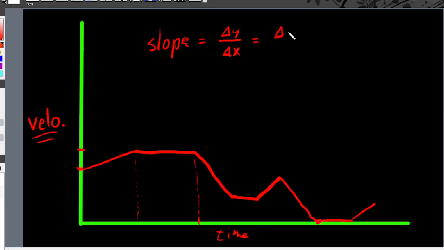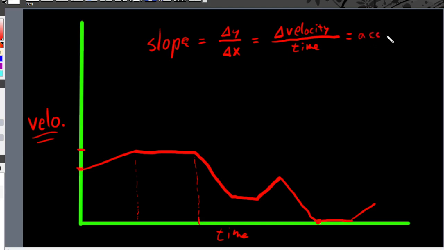So it's our change in velocity divided by our change in time, or just the elapsed time. And what do we get if we divide the change in velocity by the time that went by? Yeah, we get our acceleration. That's how we calculate our acceleration.